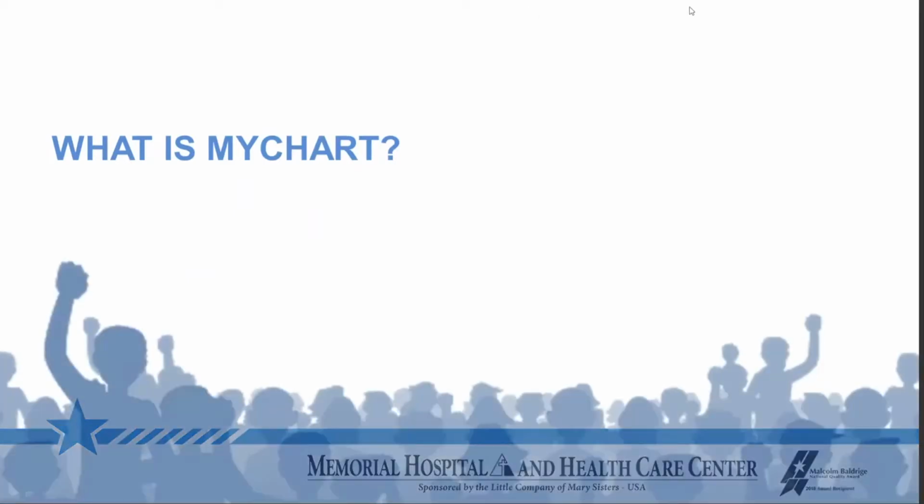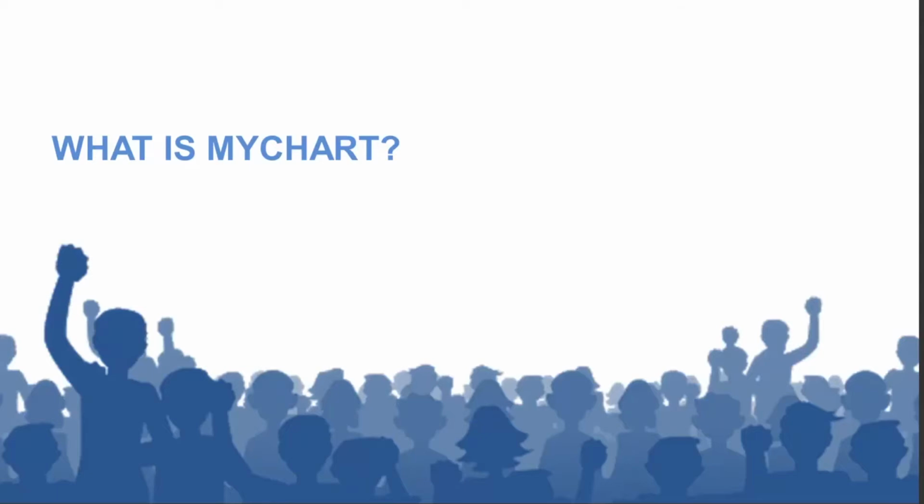If you have been a patient with Memorial, you probably had access to this information, but it looks a little bit different with Meditech, which was our hospital-based EMR, and it was called our patient portal.